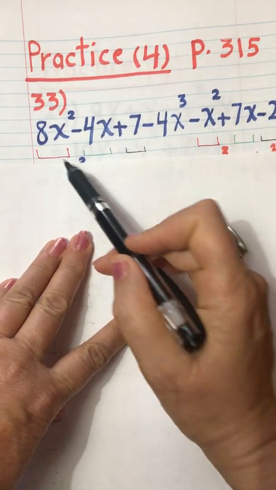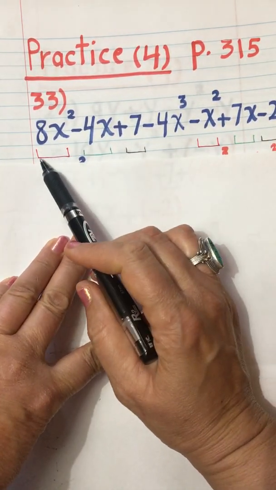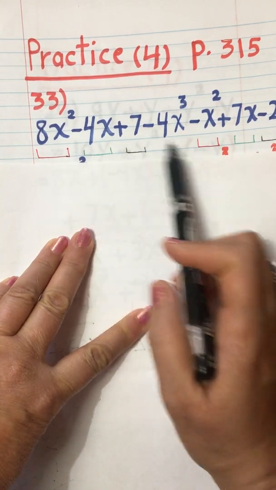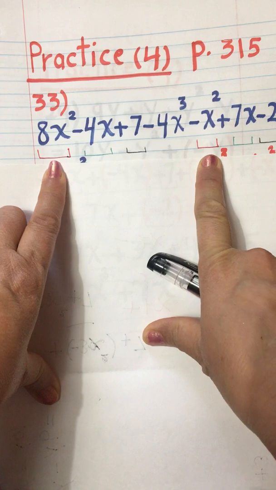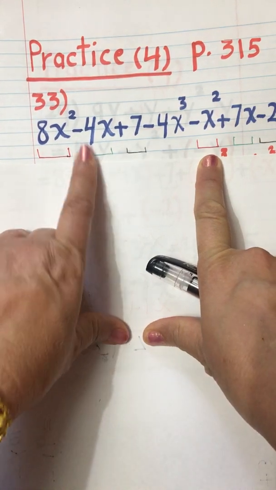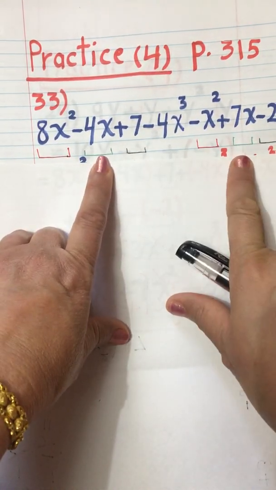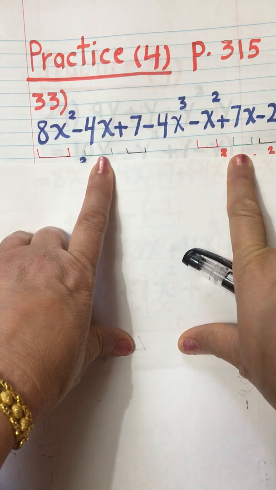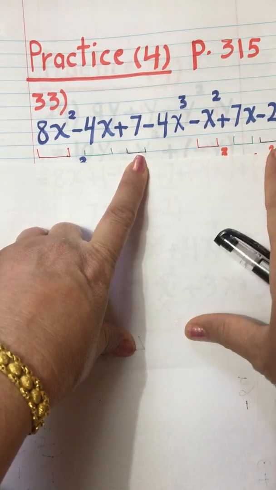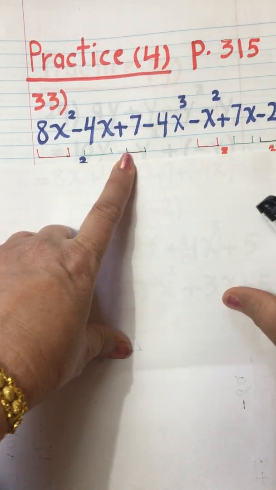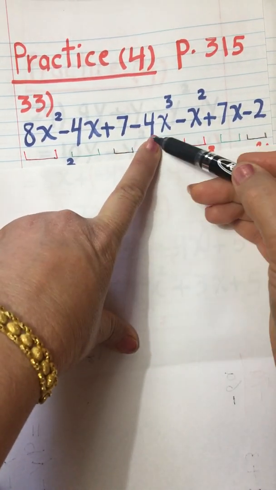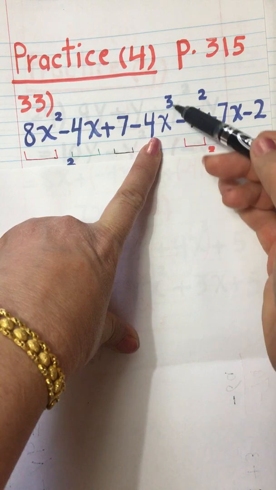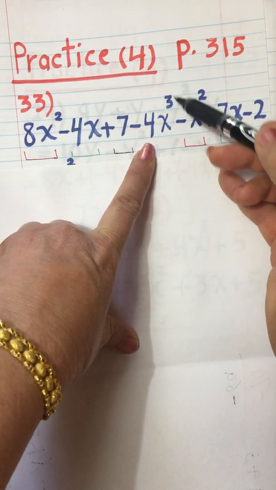So the red underline, these two terms are like terms. And negative 4x and 7x are like terms. Positive 7 and negative 2 are like terms. 4x cubed, or 4x to the power 3, it's just by itself.